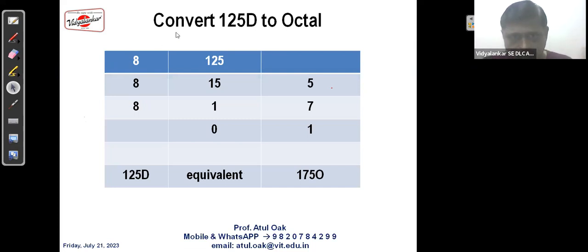Question is convert 125 decimal, D for decimal, to octal. Okay, same process I am applying. Observe it. Take this number 125 and divide by 8. If you divide 125 by 8, your quotient is 15 and your remainder is 5.